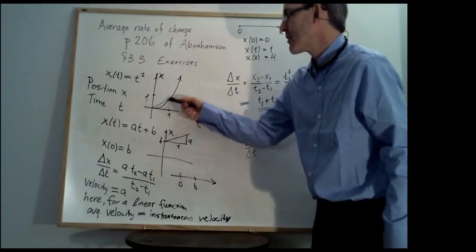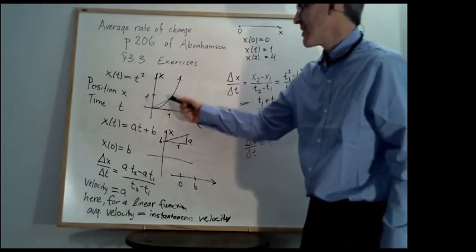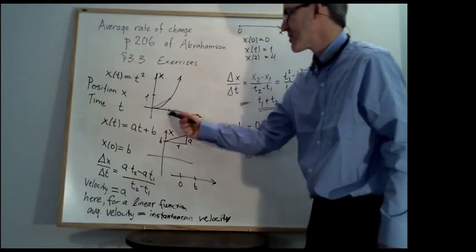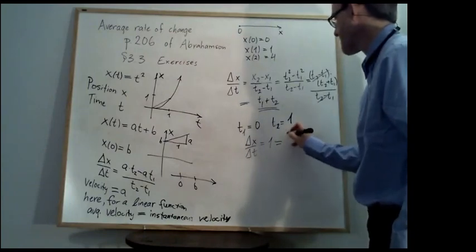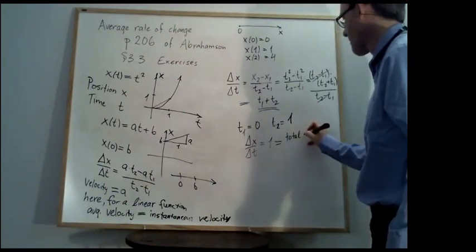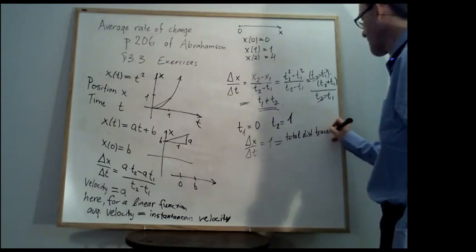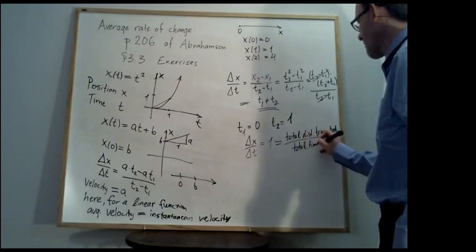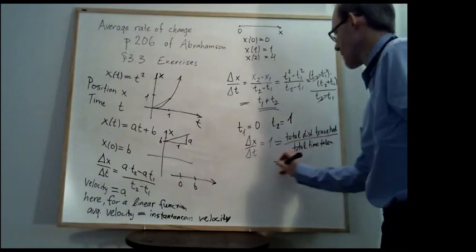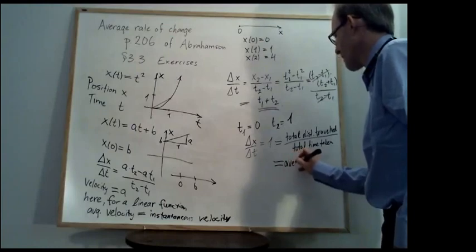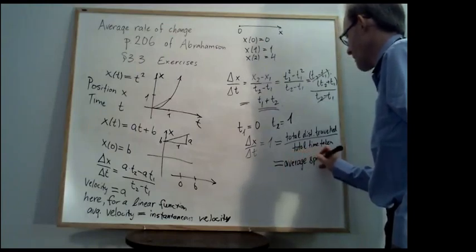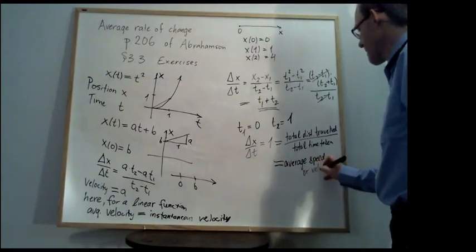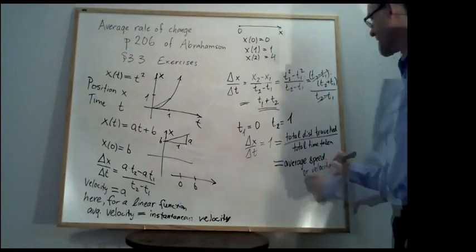I'm changing my speed all the way, going faster and faster, but the average speed is just the total distance traveled, 1, over the total time traveled, which is 1. So that's the average speed, or average velocity.